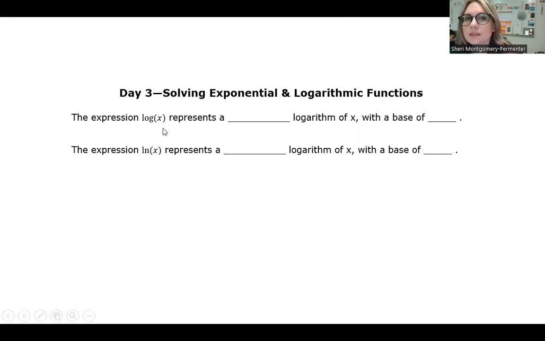So here is the first one. The first new logarithm. What do we call this? Common log. Very good. We call that a common log.